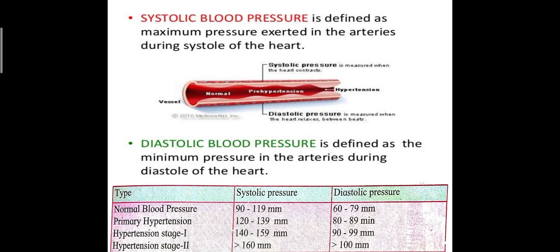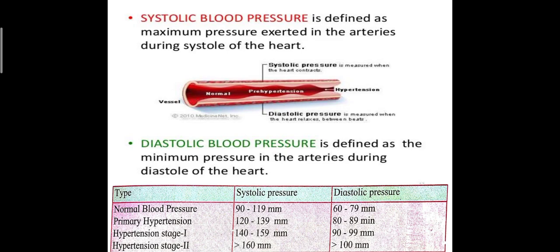Now see, normal blood pressure is 120 to 80, that is, systolic pressure of around 120 and 60 to 79 diastolic pressure.